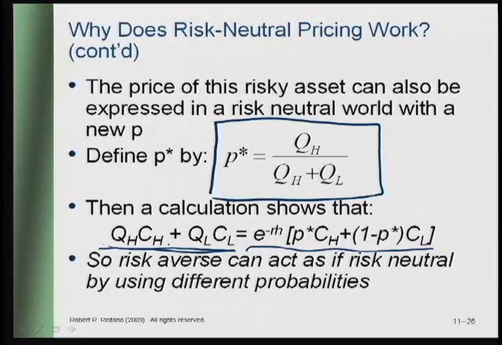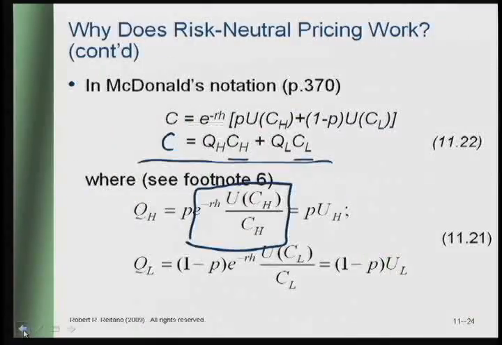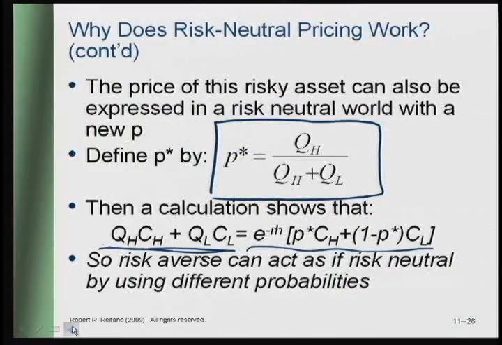The left equation comes from an expected utility, which is traditional pricing for a risk-averse investor using P, the correct probability. And by changing the probability from P to P star, we can go from expected utility to expected present value of the payoff itself.